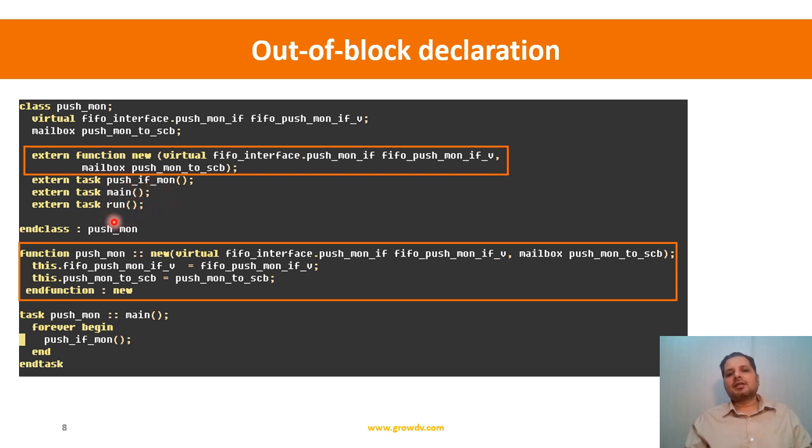Now when I look at this, it gives me a quick sense. Oh, okay, so run might be calling the main, and then main is calling this particular push interface monitor, and that's where I'm implementing my functionality. So I get a quick big picture when you declare the methods with the extern.